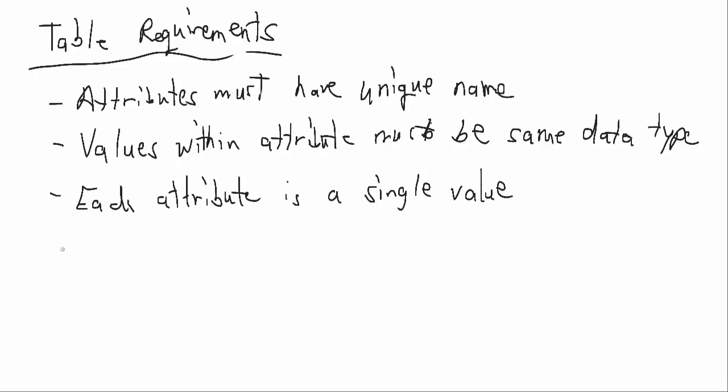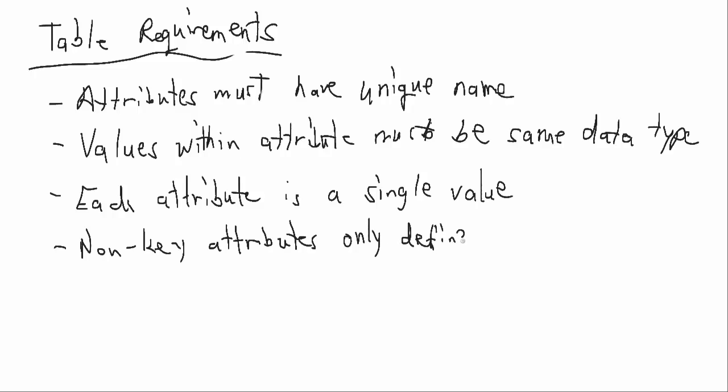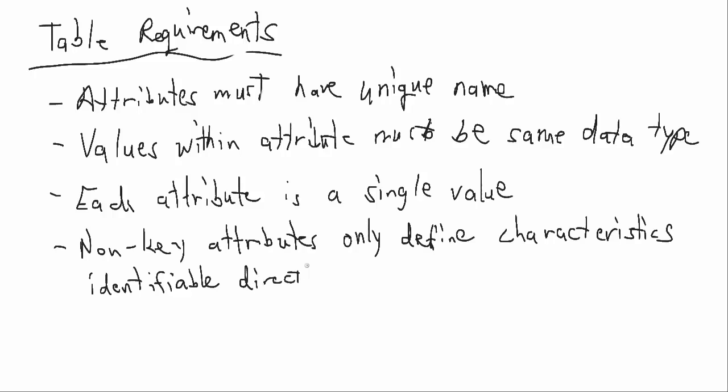And then from a normalization standpoint and data redundancy, you want to make sure that non-key attributes only define characteristics that are identifiable directly to the primary key.